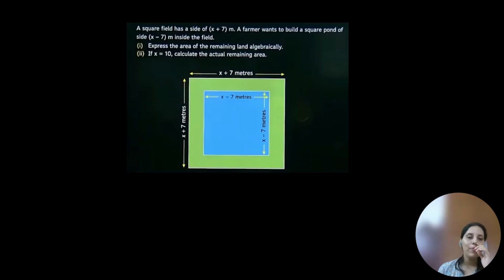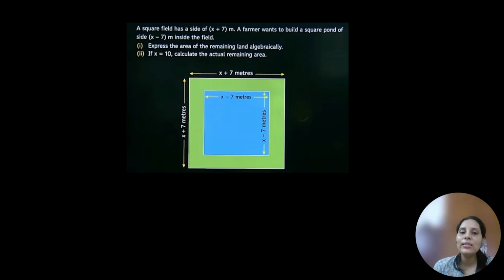Now next up we have a question. A square field has a side x plus 7 meters. Here you already have the figure. Sometimes the figure will not be given, and this is one of the most important questions. You can see a square field outside. Green color is the square field. A farmer wants to build a square pond inside the field.